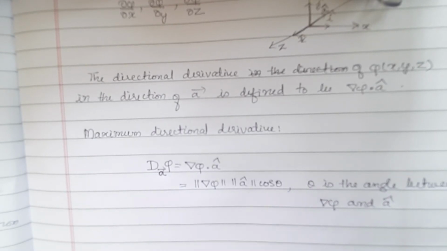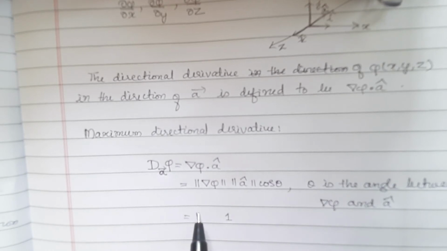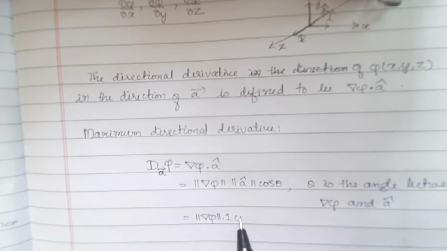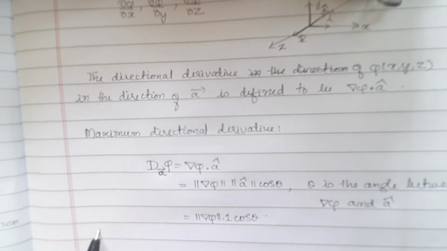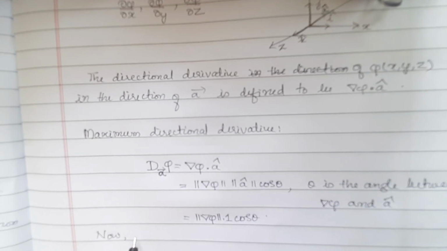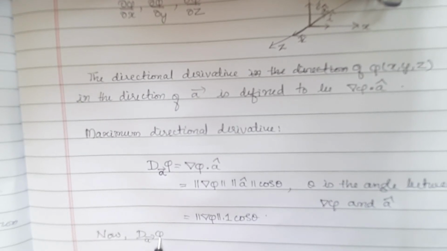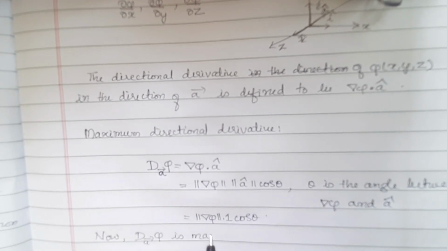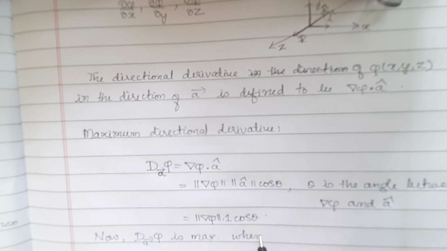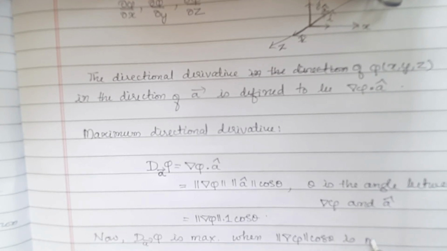Now, since this is a unit vector, its magnitude is equal to 1. This is the modulus of del phi into cos theta. Now, the directional derivative is maximum when modulus of del phi into cos theta is maximum.